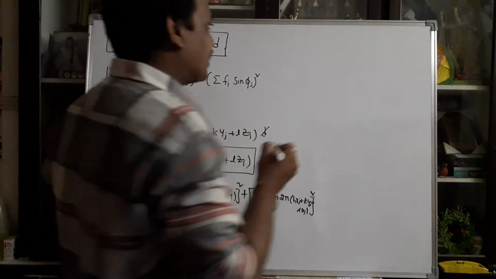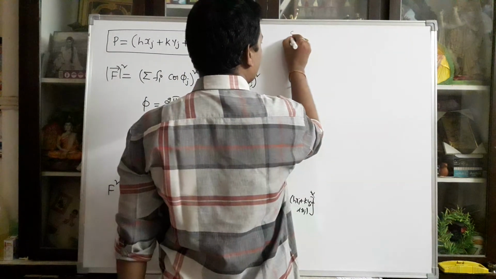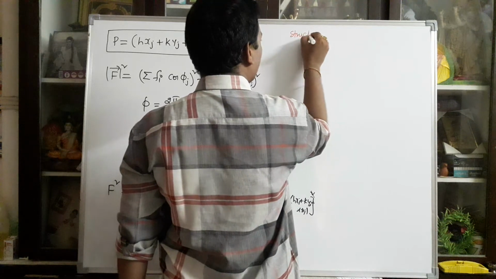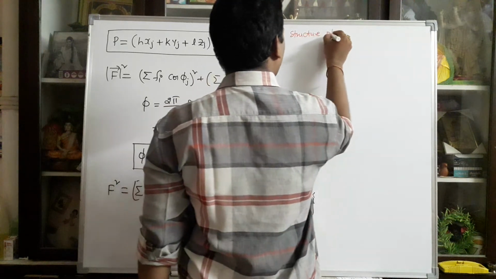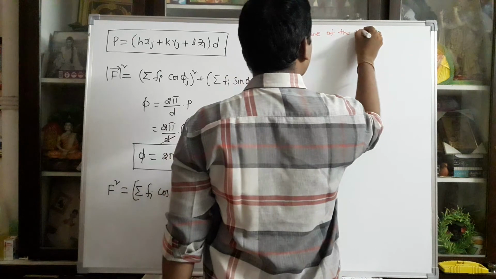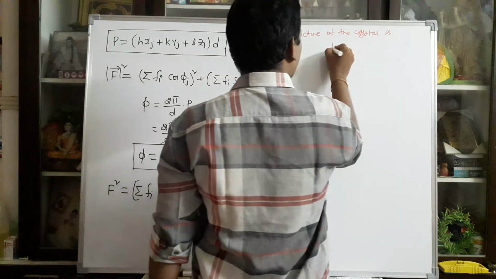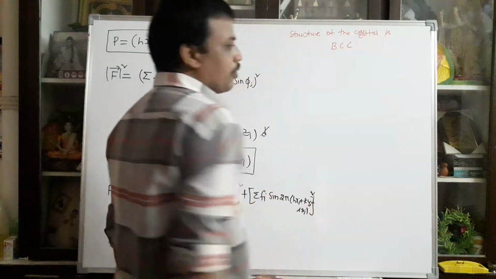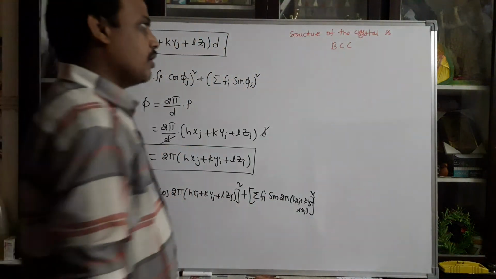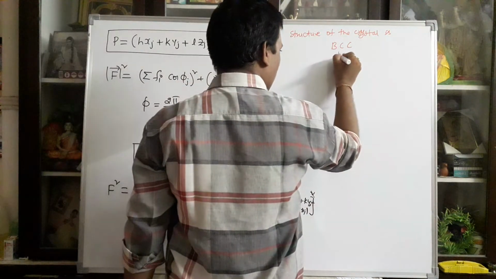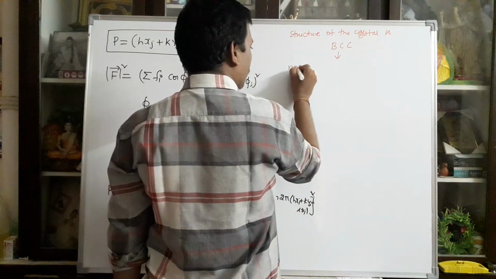Suppose you consider the structure of the crystal to be BCC, body centered cubic structure. For the body centered cubic structure, how many lattice points per unit cell?